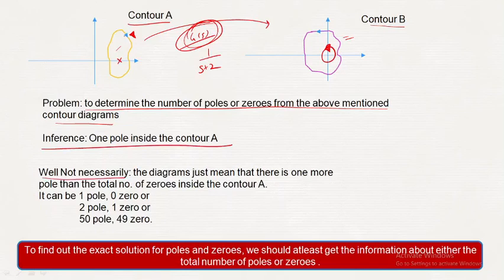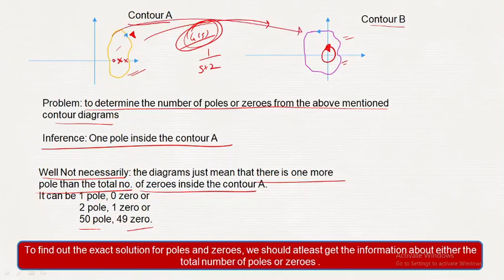Why? Because the same case that we have seen earlier, the diagram just means that there is one more pole than the total number of zeros inside the contour. So अगर आपके पास ये भी condition हो सकती है that there is only one pole and no zero, but what if it has two poles and one zero? Even in that case you will get this diagram only. What if you have got 50 poles and 49 zeros?